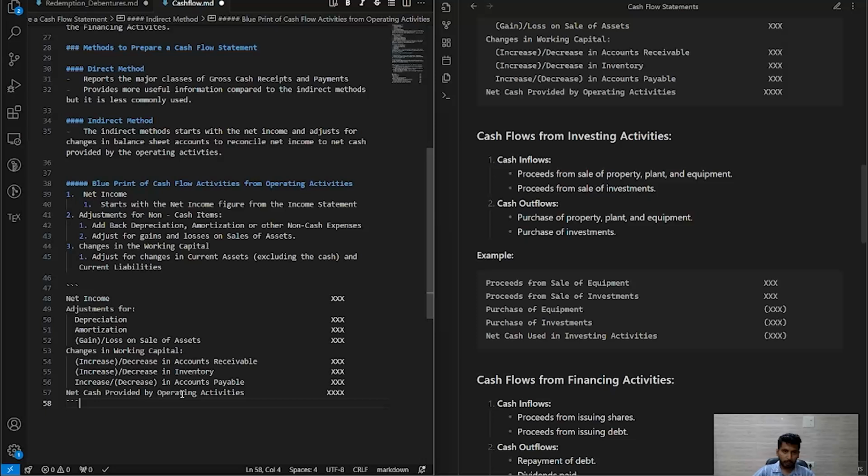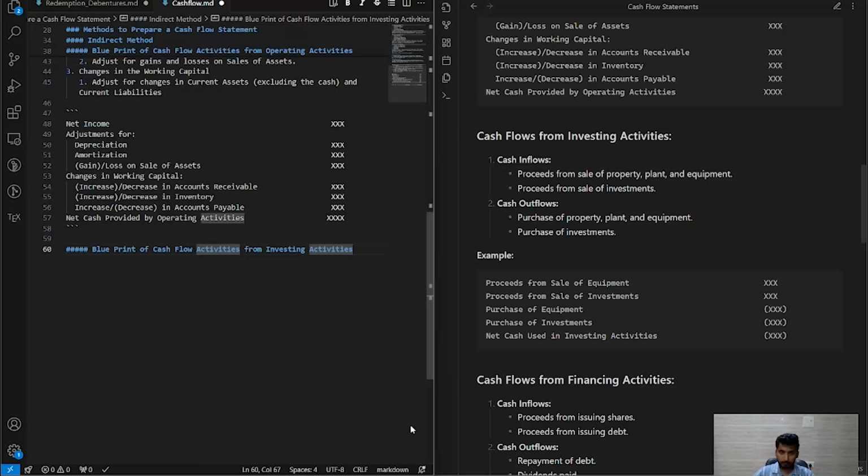Now let us talk about cash flow from investing. Cash flow from the investment activities.